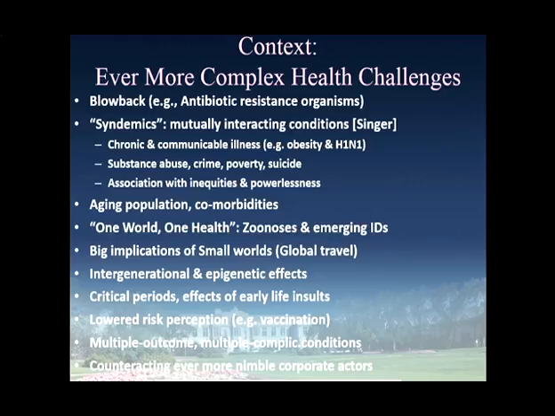We're also increasingly aware of the effects of critical periods in the life course and the long shadows cast by early life trauma, early life exposures on life course outcomes. So if we want to understand chronic disease in older age, it's been a sobering realization that much of it can be traced back to effects in early life.